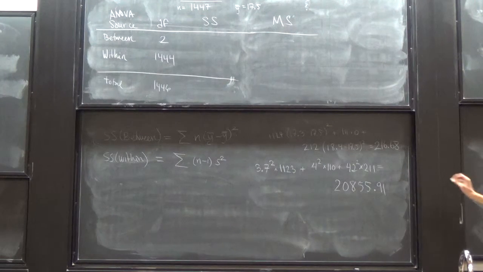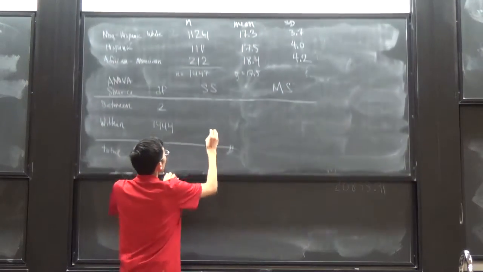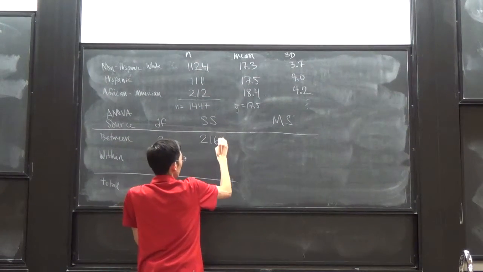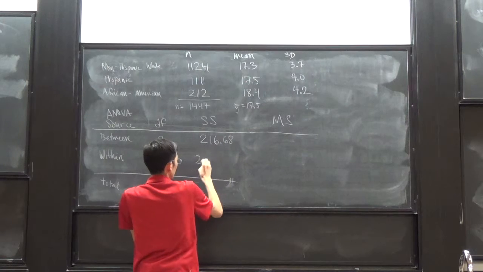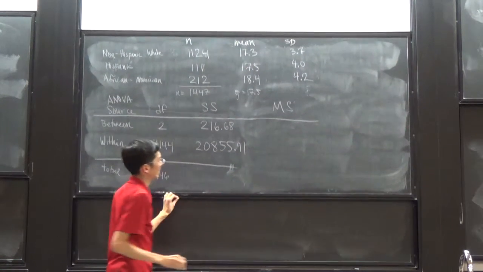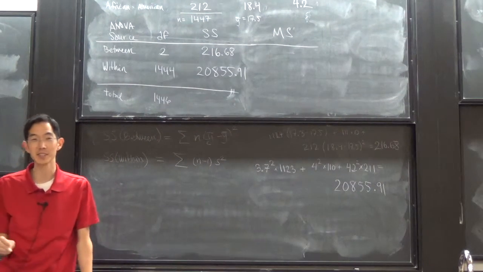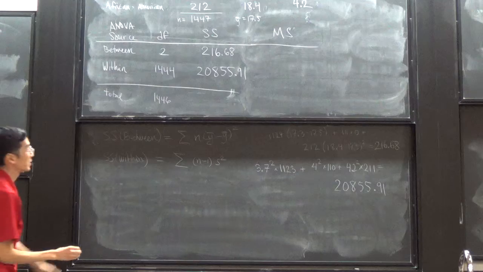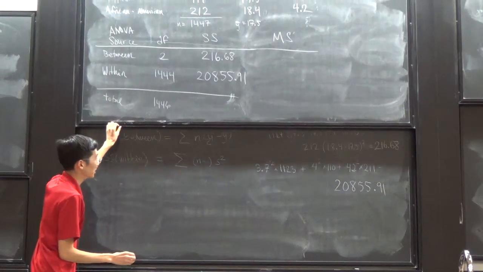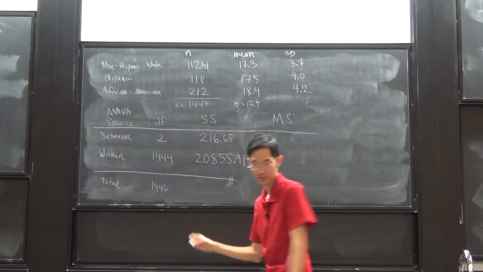Is this what we got? I don't know. Are you guys getting the same, more or less? Okay. And then for mean squares, we would divide this by 2.